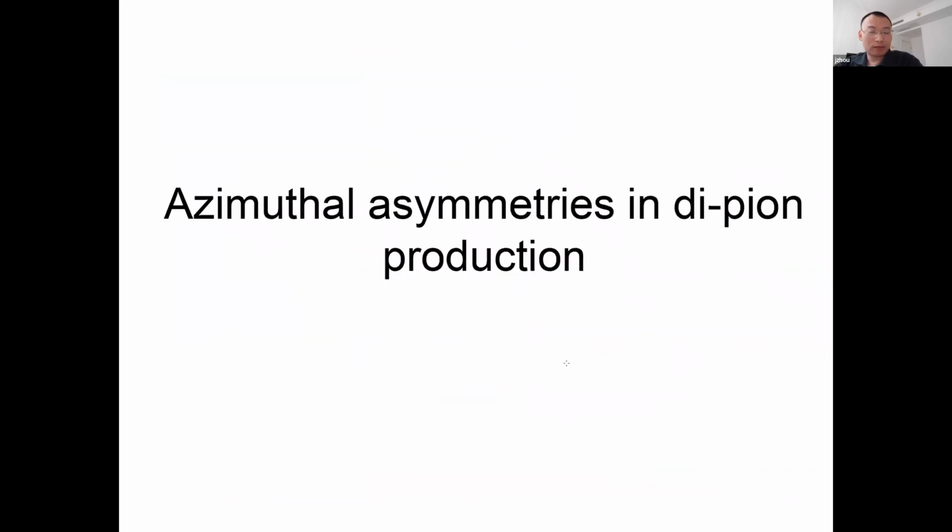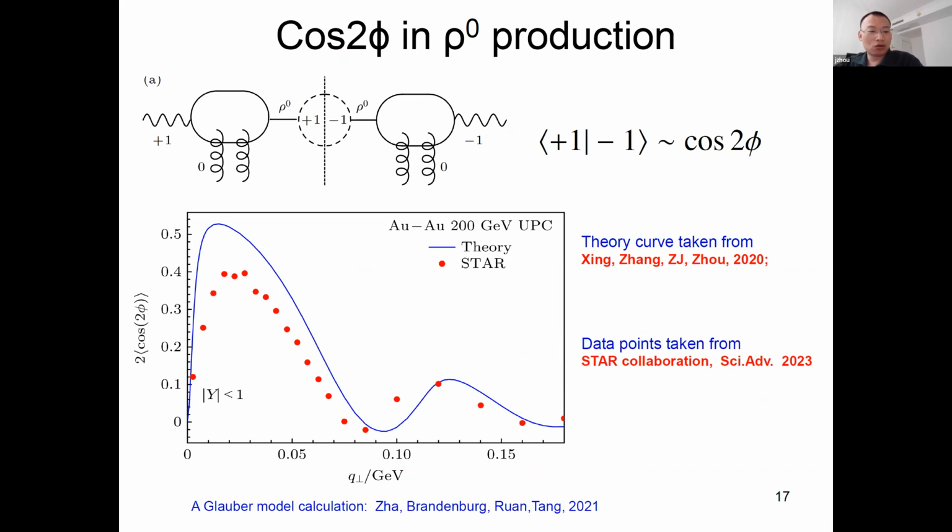Now let's move on to discuss some polarization dependent cases. As I discussed earlier, the coherent photons are linearly polarized and can be viewed as a superposition state of the two helicity eigenstates.